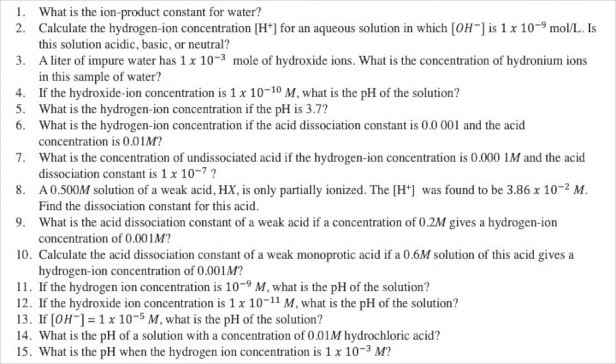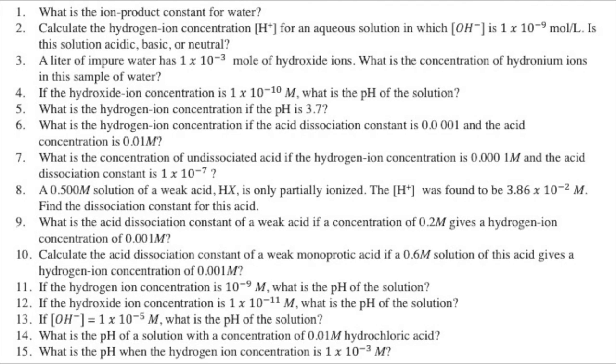So number 9, what is the acid dissociation constant of a weak acid if a concentration of 0.2 molar gives a hydrogen ion concentration of 0.001 molar? And again, we're going to try it not subtracting X from the undissociated acid concentration, and we'll do it by subtracting the X and continue to see if it's a big deal.